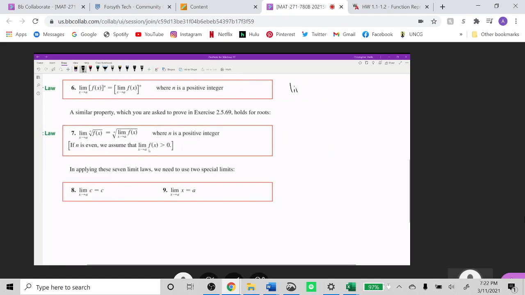For instance, if I had the limit as x approaches 1 of x minus 3 to the 10th, I could instead find the limit as x approaches 1 of x minus 3 and raise that answer to the 10th power.